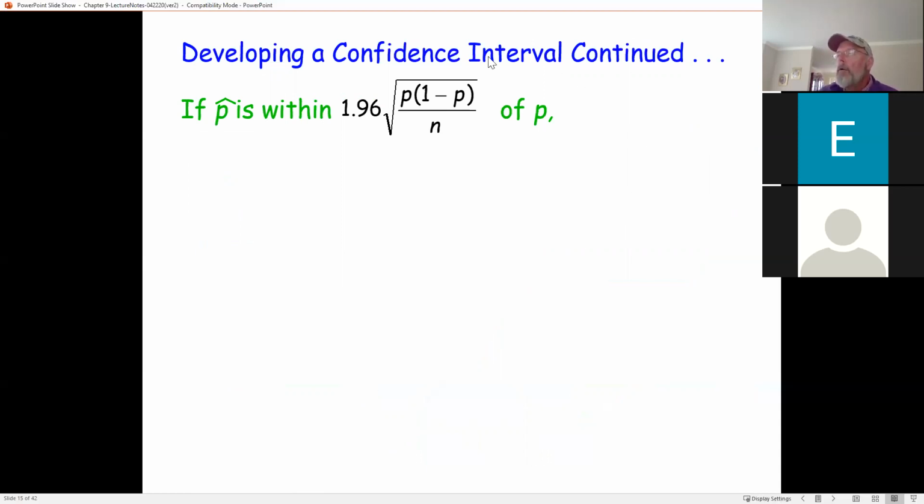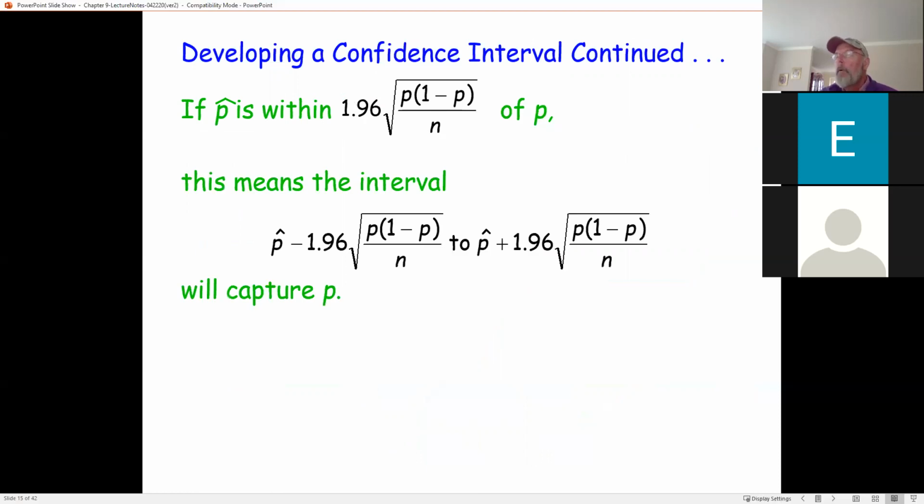Within this margin of error, we will capture the population proportion. That's what we're trying to do here. So we have p hat, the sample proportion. That's a statistic, something that we got from a sample. The interval runs from p hat minus this term to p hat plus the same term.